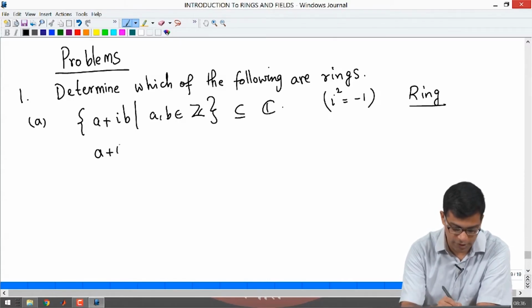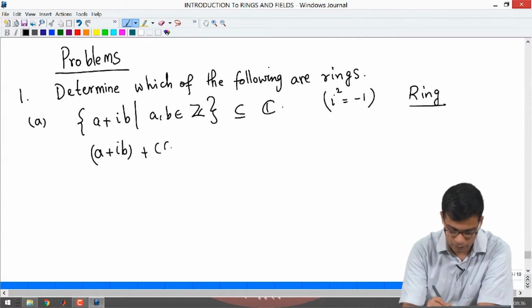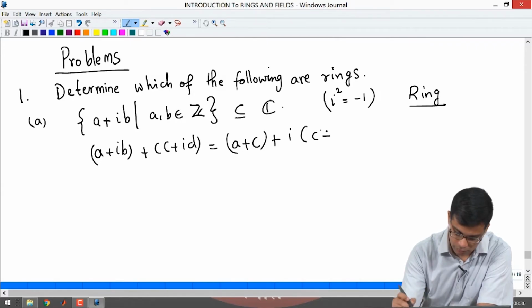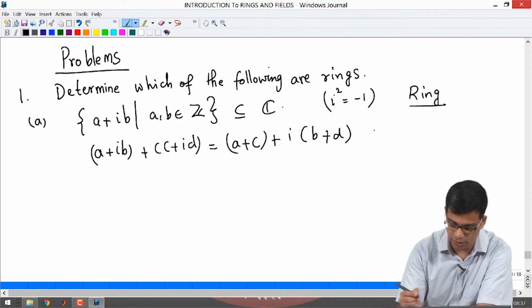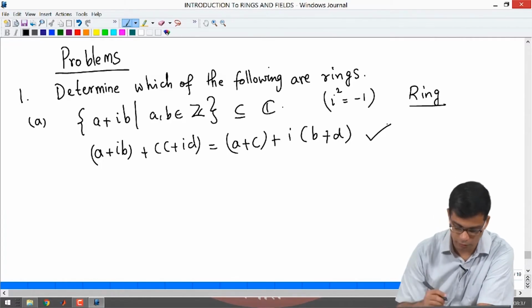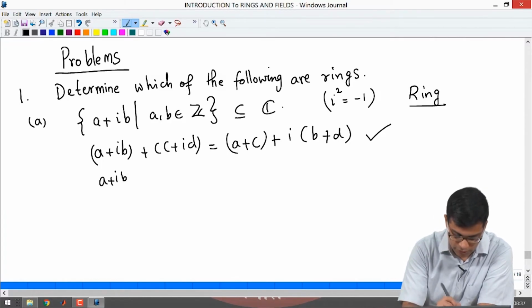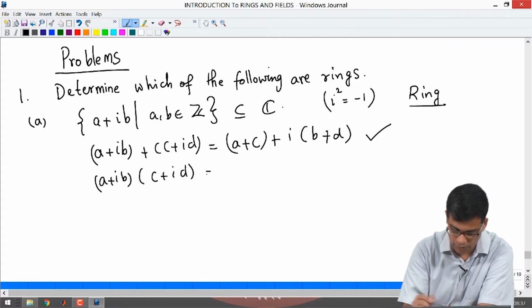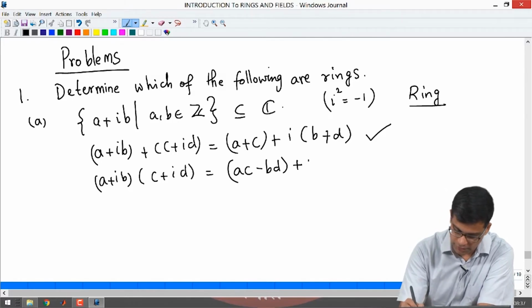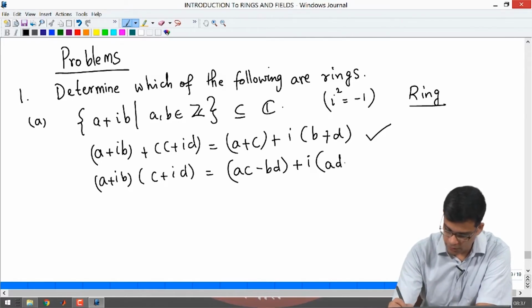If you add two such things, you get A plus C, B plus D, right. This is certainly, if A, B, C, D are integers, A plus C and B plus D are also integers. More interestingly, if you take the product of any arbitrary elements, you get AC minus BD plus i times AD plus BC.